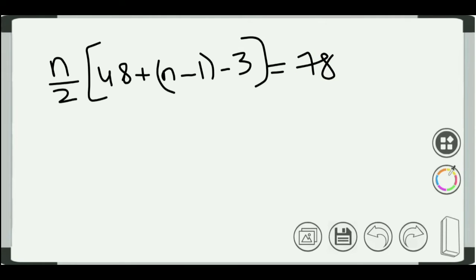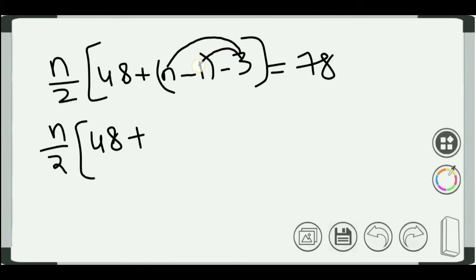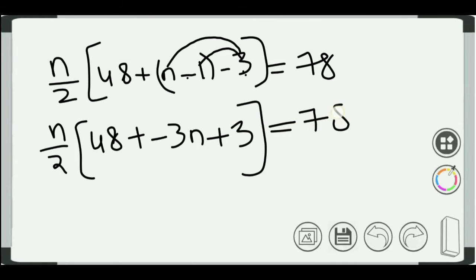Now n by 2 into 48 plus, I am giving this minus 3 to both n and minus 1. So minus 3 into n, minus 3n. Minus 3 into minus 1, negative into negative, positive, 3 into 1, 3. Equal to 78. Now you can solve this one. 48 plus 3, 51.